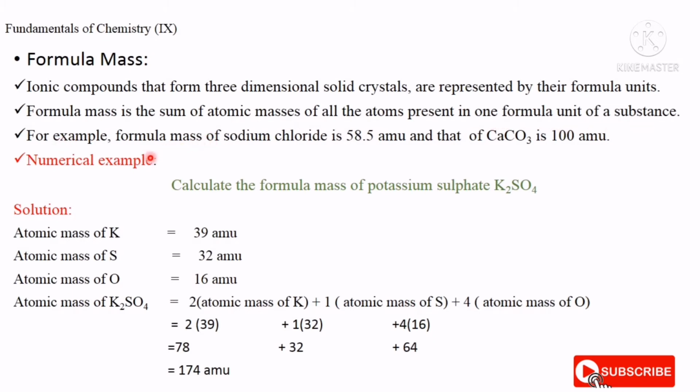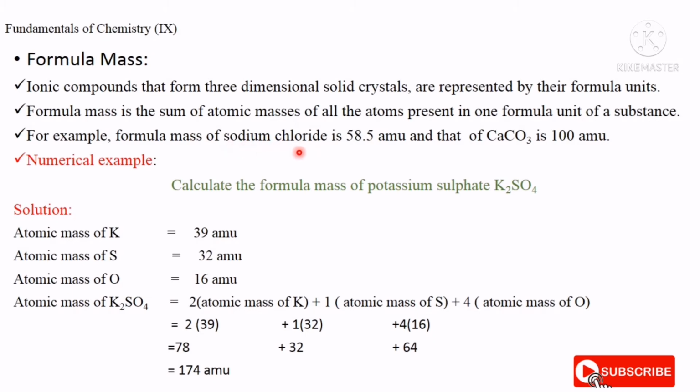For example, the formula mass of sodium chloride is 58.5 atomic mass unit. As we know, sodium has an atomic mass of 23, and chlorine has 35.5 atomic mass units.